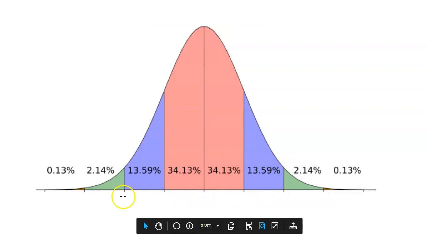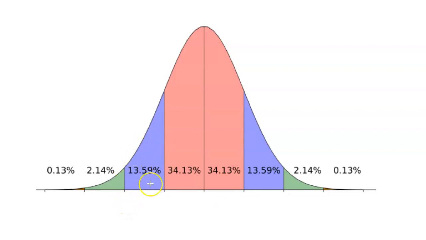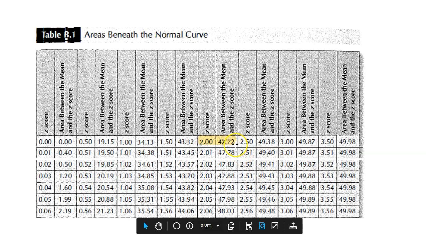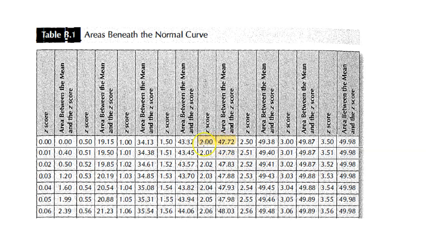So at -2 standard deviations, which is the same thing as z equals -2, we have this area under the curve, which we're going to be calling probability, and we have this area under the curve. We add them up and we get 13.59 plus 34.13 equals 47.72. So that's the relationship between the z-score and the area between the mean and the z-score.